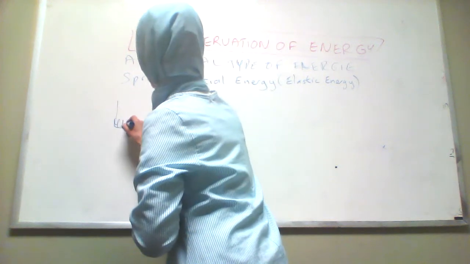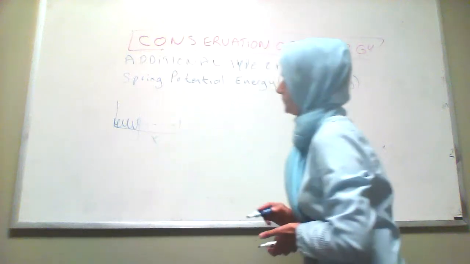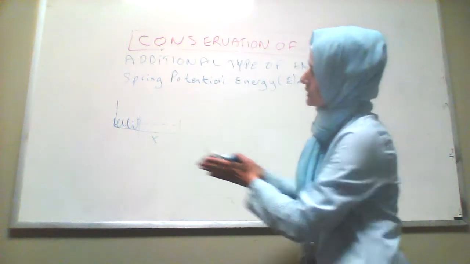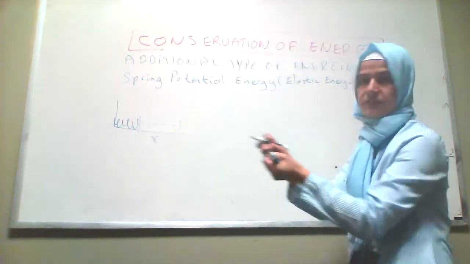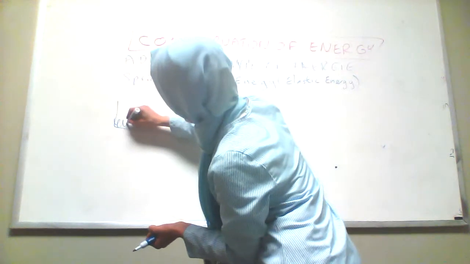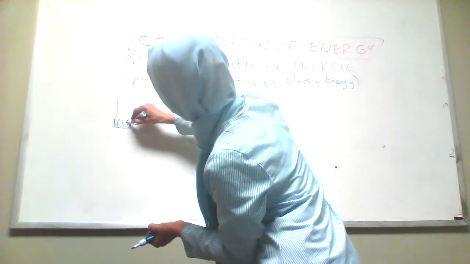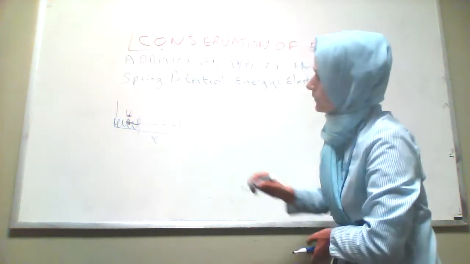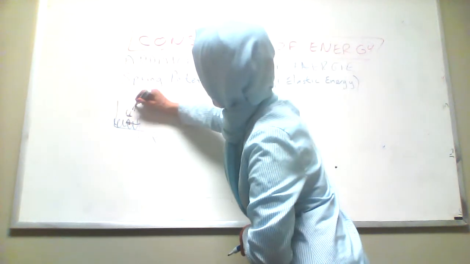So if we have a spring, let's say along horizontal, and we stretch it a distance x, the spring pulls back with a force, and this force does a work, and this work is equal to spring potential energy actually. The force is called spring force, and is equal to minus k times x.